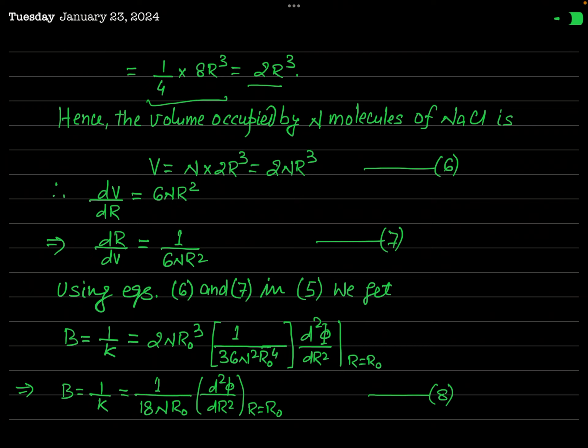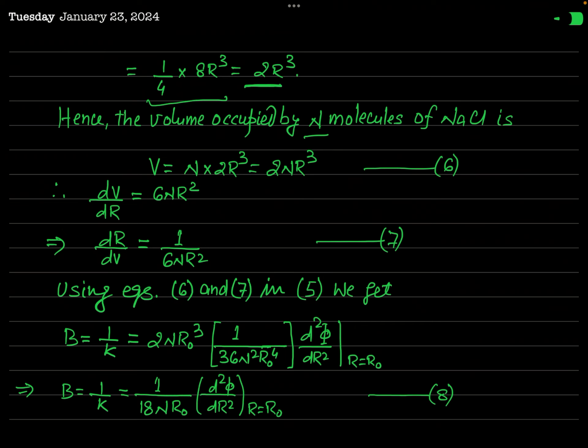Okay. Now let us consider that in the specimen of our NaCl crystal there are N molecules of NaCl. N is the total number of molecules in our specimen. As you have learned, the volume of one molecule of NaCl is 2R cube.